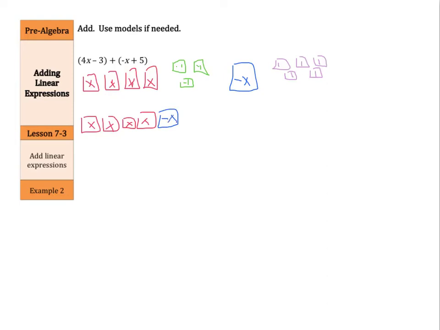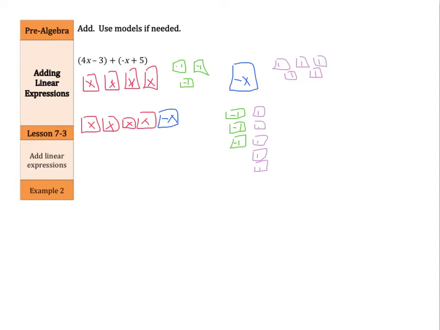Then we have our 3 negatives, since it's a minus 3, negative 1, negative 2, negative 3, with our positive ones, positive 1, 2, 3, 4, and 5.